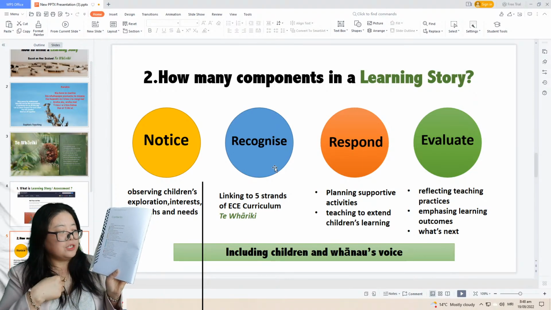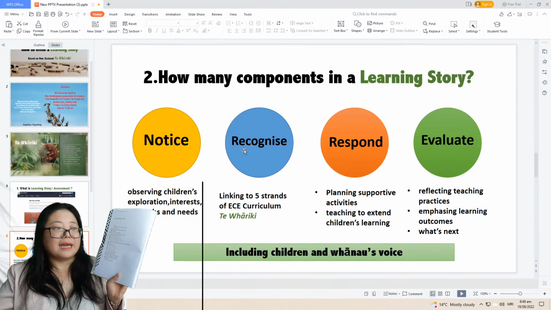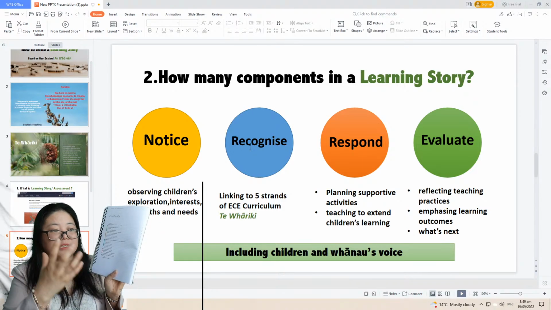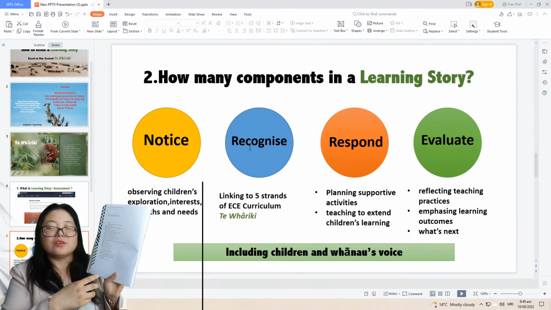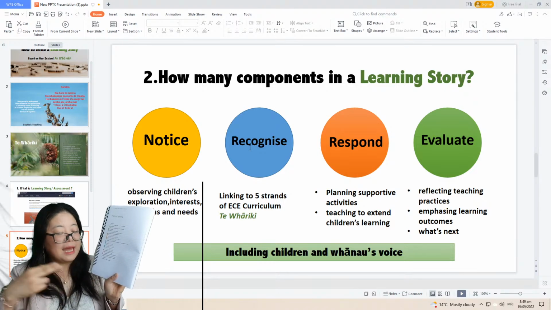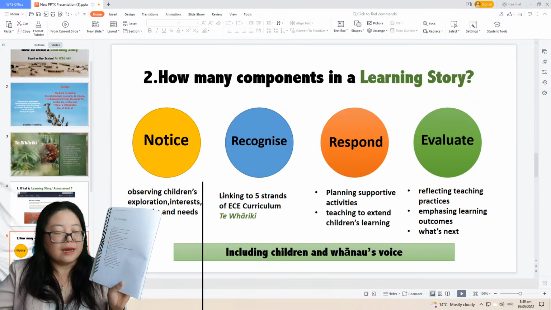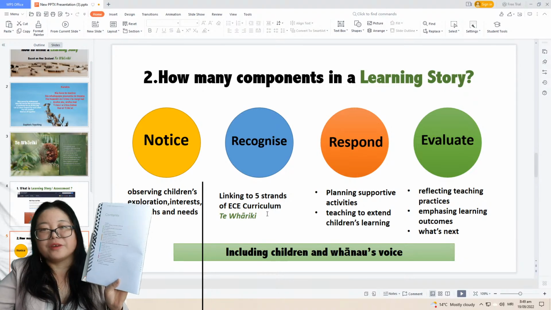If I'm a teacher, through my 2 weeks of observation, I found that kid is interested, and his interest makes me link to exploration, to learn how to control his body. And you can see it here, it says linking to the 5 strands of Te Whāriki, the New Zealand early childhood curriculum.